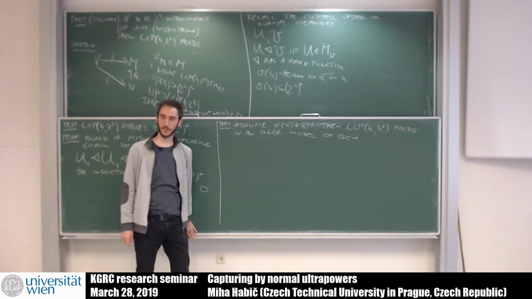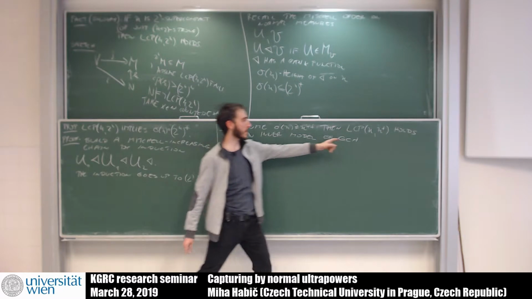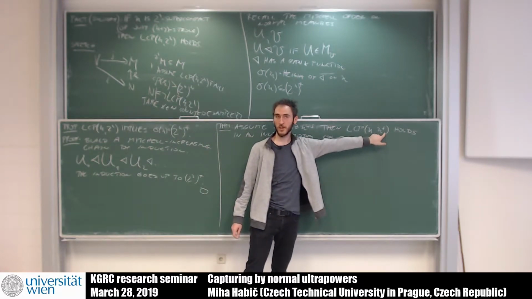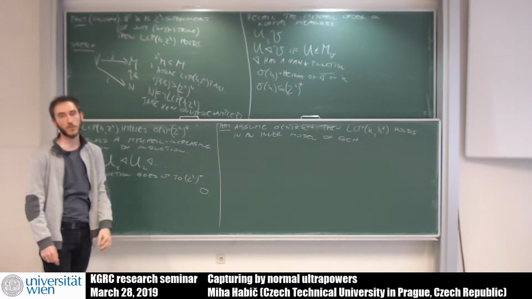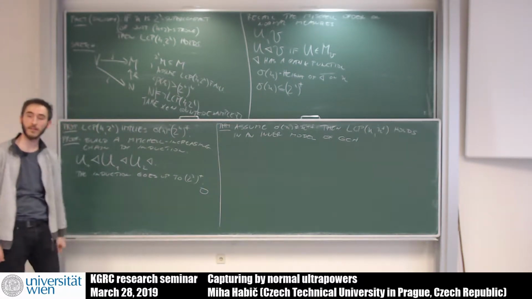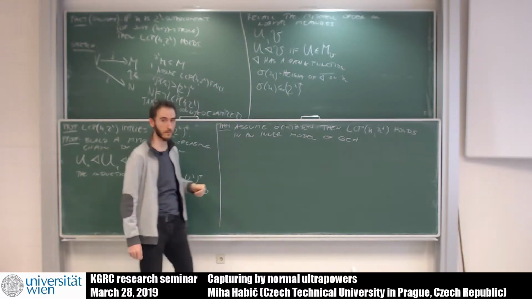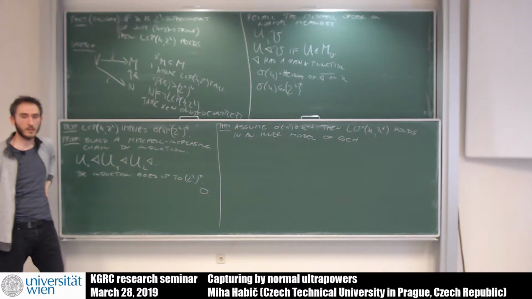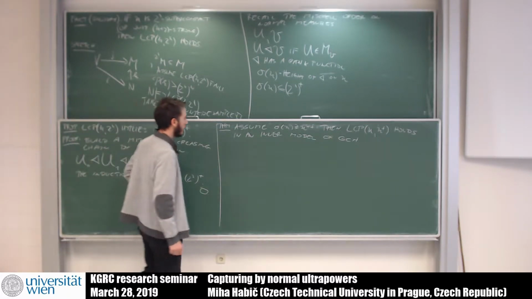I'm not going to be able to just go to inner models, probably. Because if I want LCP kappa double plus and GCH, O of kappa is kappa triple plus. So I'm not going to be able to go to an inner model, but I will be able to force something like this. From appropriate hypotheses, more than this. You want to capture subsets of kappa double plus, so you're going to have to use extenders.